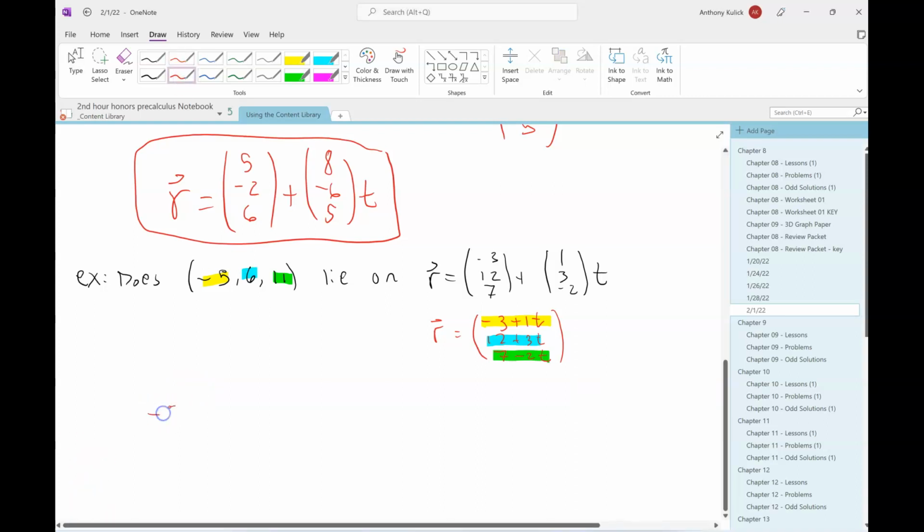So we solve for t in the x direction, we solve for t in the y direction, and we solve for t in the z direction.